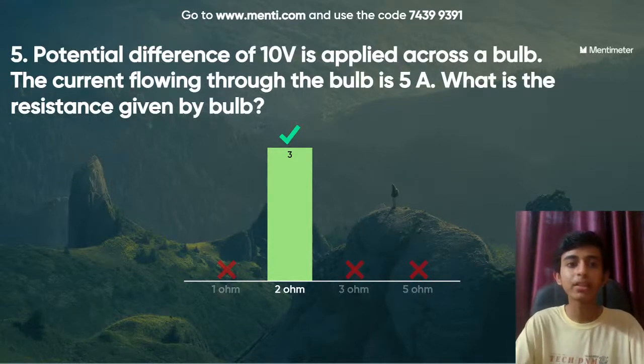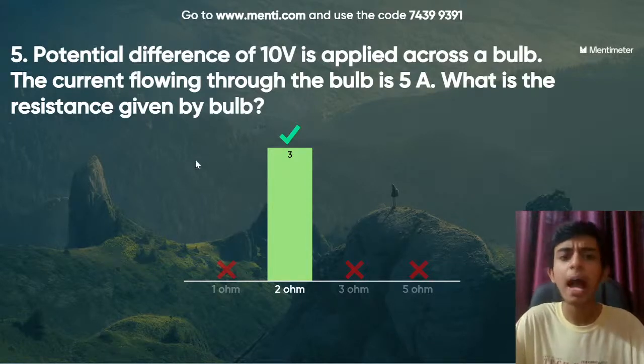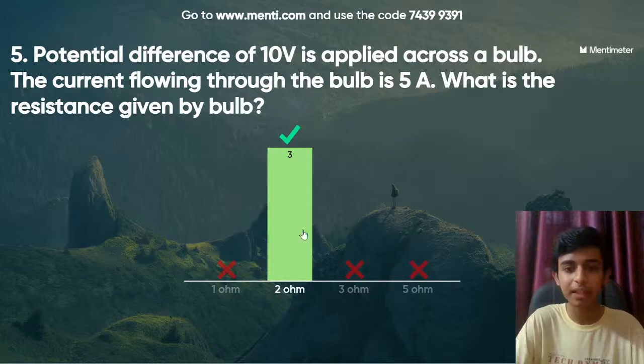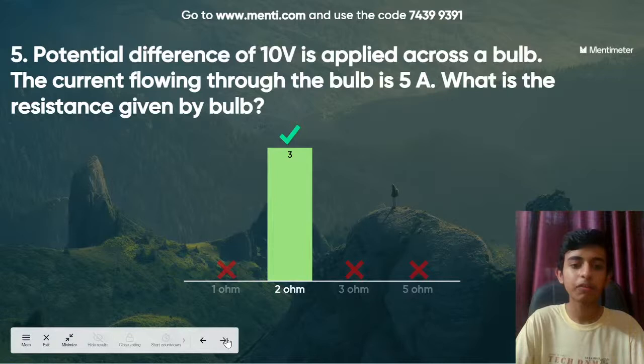So you know that your resistance is V upon I, as V is equal to IR. So R is equal to V upon I. So 10 upon 5 will give you 2 ohm. Correct. Now the final leaderboard.